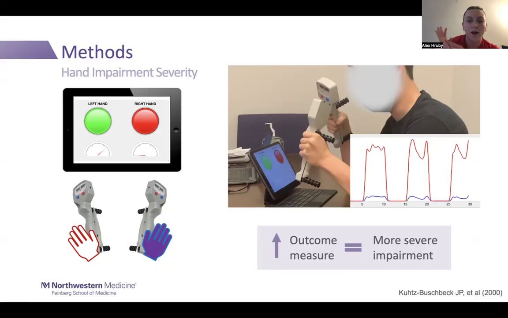We've decided that the higher the number is, the more severe the impairment is. So everyone is given a number based on how they performed in this red light, green light task. Then we have the clinical assessments, Fugl-Meyer and TASC. And that is what we have for each individual.